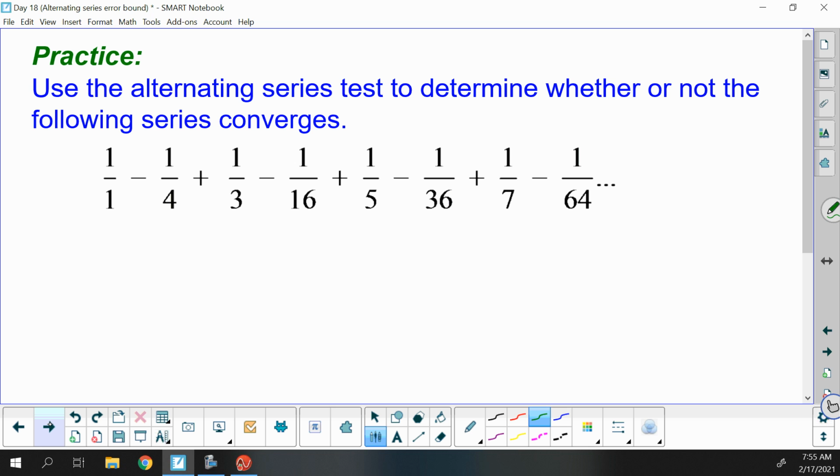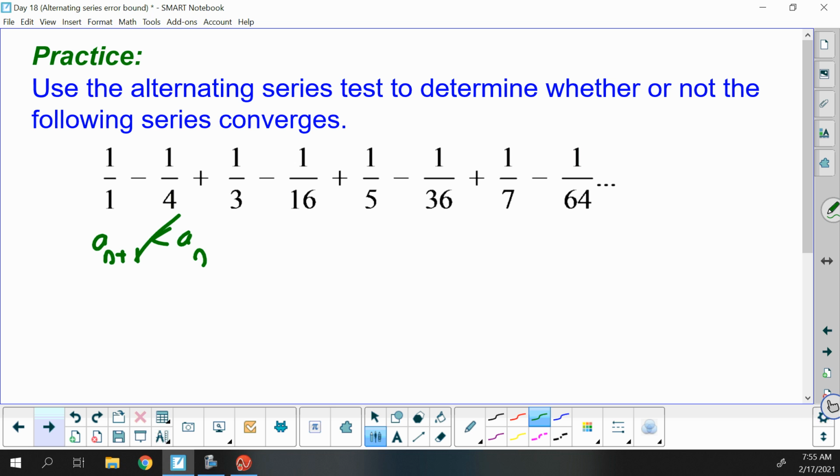Next one, use the alternating series test to determine whether or not this series converges. So it's definitely alternating. So we've got to see, is each successive term less than the one before it? 1/4 is less than 1. Uh-oh. 1/3 is not less than a fourth. 1/5 is not less than a 16th.